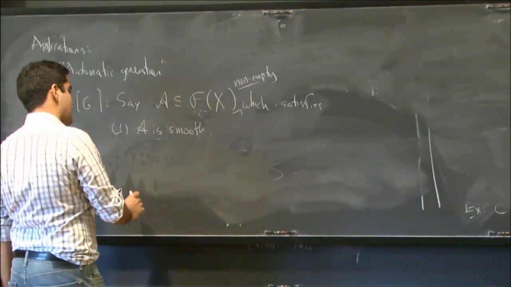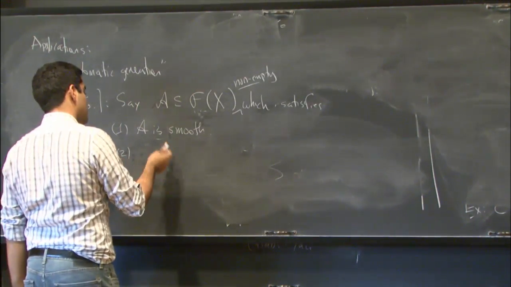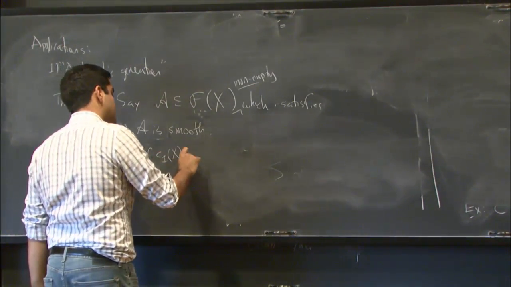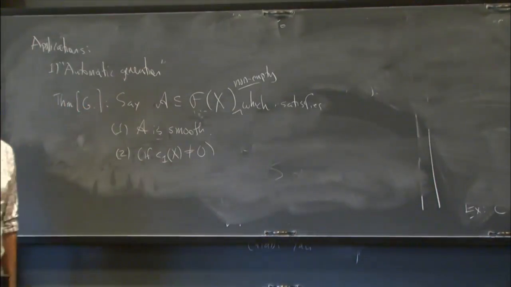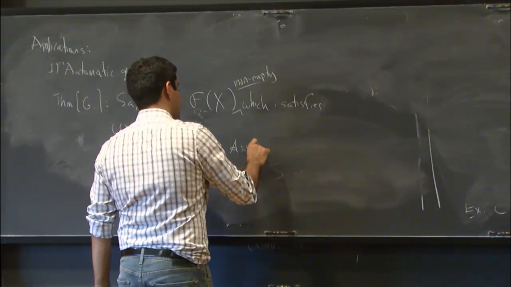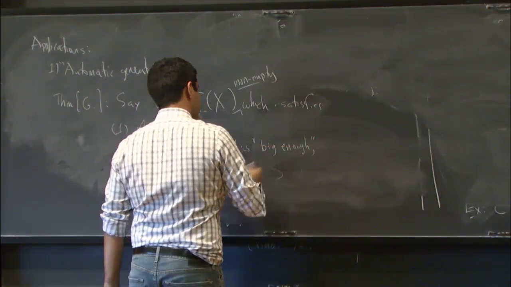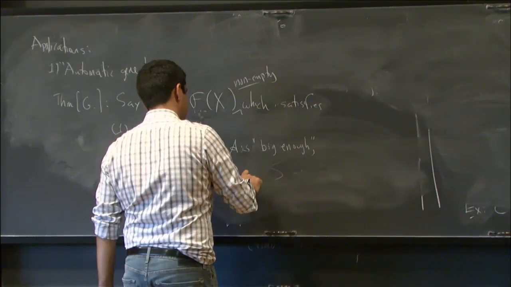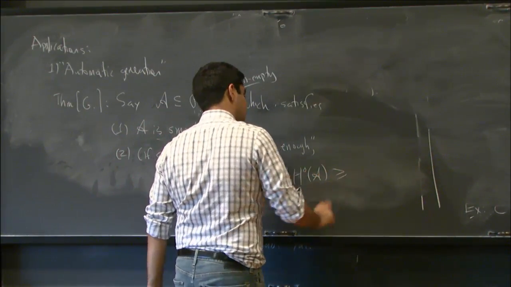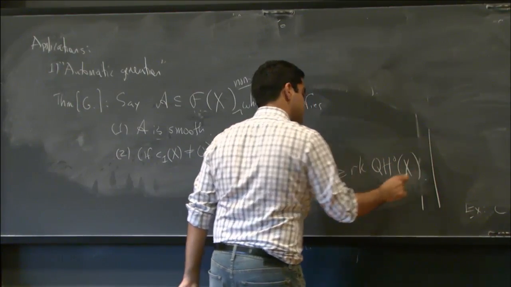So let's say you knew that this subcategory was smooth, and you need one more assumption if the first Chern class of X is not equal to 0: that A is cohomologically big enough, meaning the rank of 0th Hochschild cohomology of A is greater than or equal to the rank of 0th quantum cohomology of your manifold.